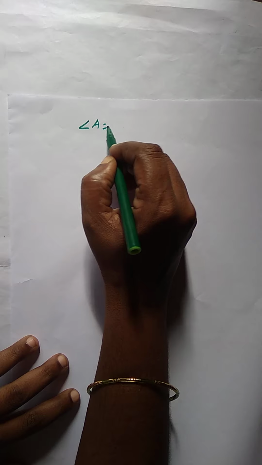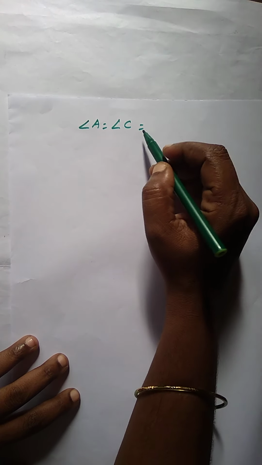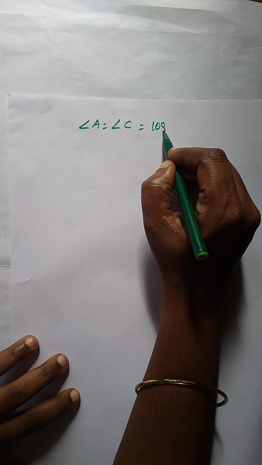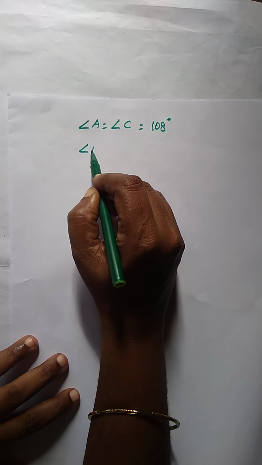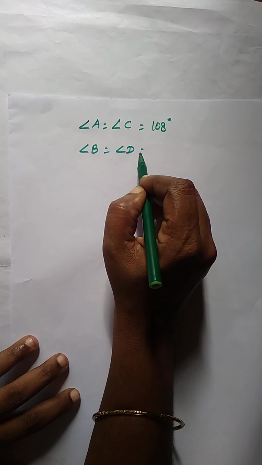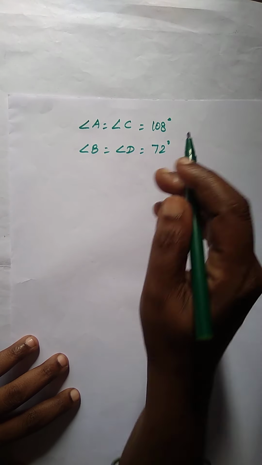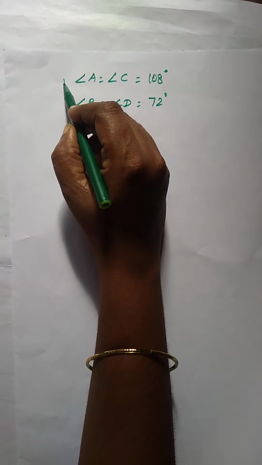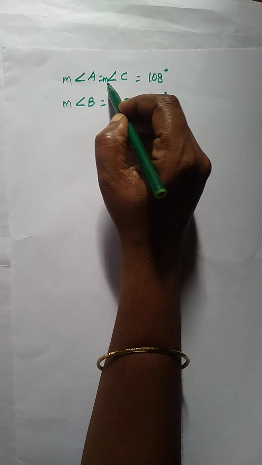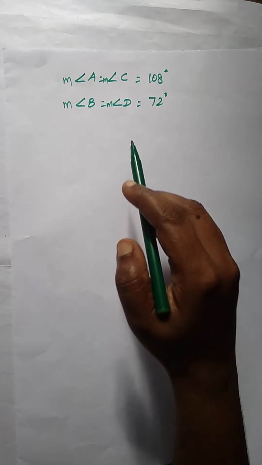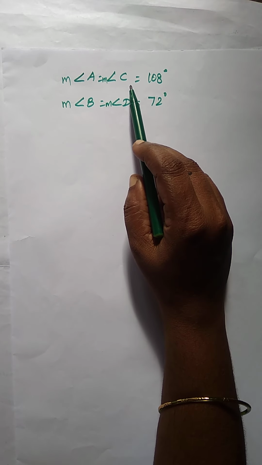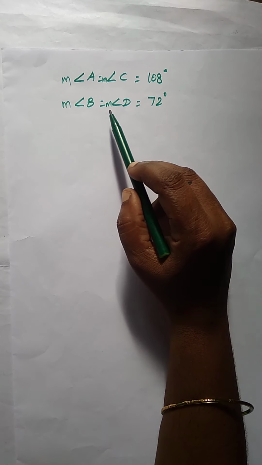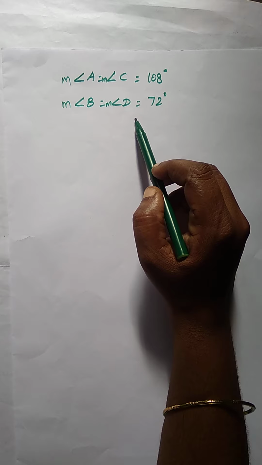Angle A is equal to angle C. That is equal to, angle A is 108 degree. So now angle B is equal to angle D. This also 72 degree. So we find the 4 angles also. Angle A and angle C are 108 degree. Angle B and angle D are 72 degree.